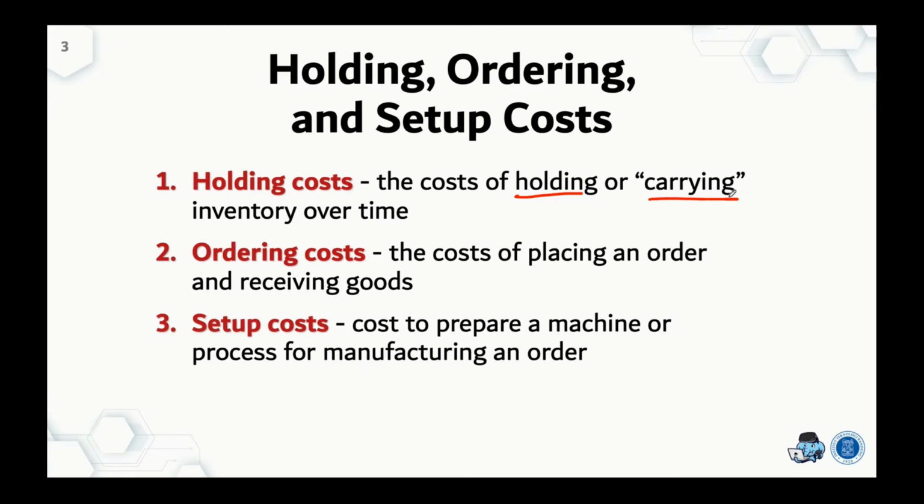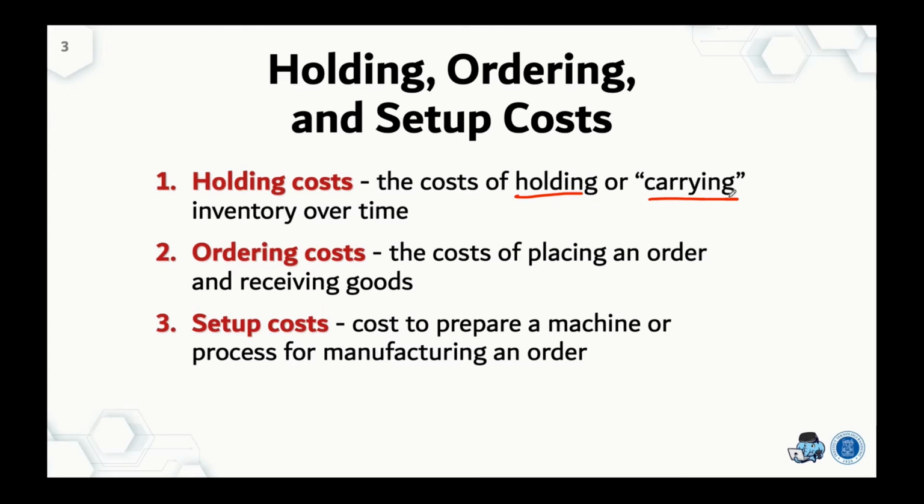The third one is the setup cost. This is the cost mostly related with the workforce or the employee, to pay for the regular pay rate to prepare a machine or process for manufacturing an order.